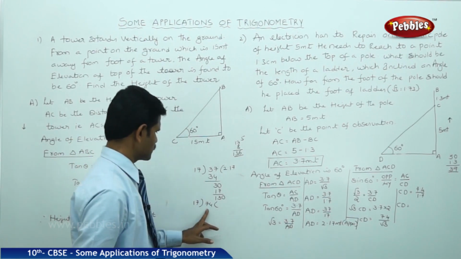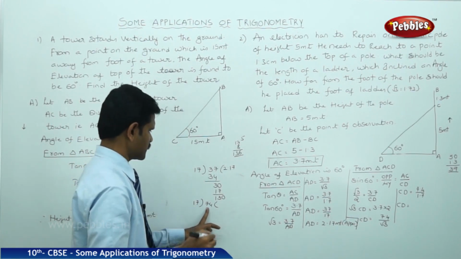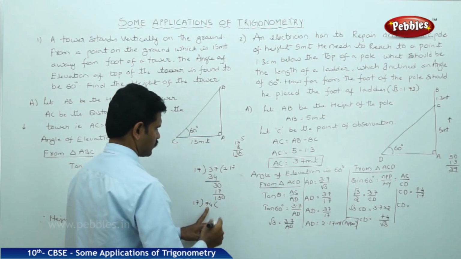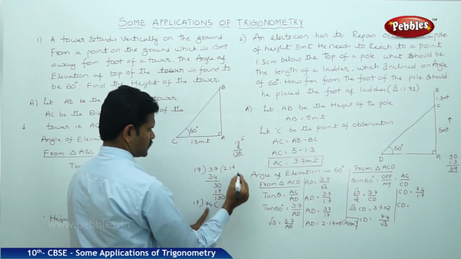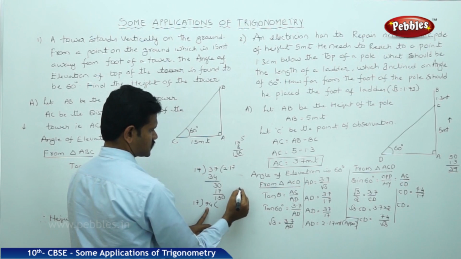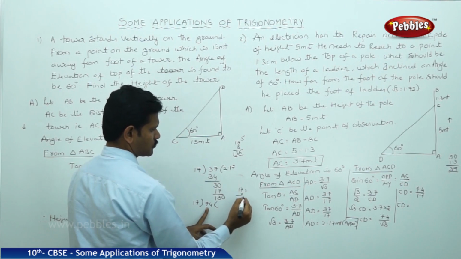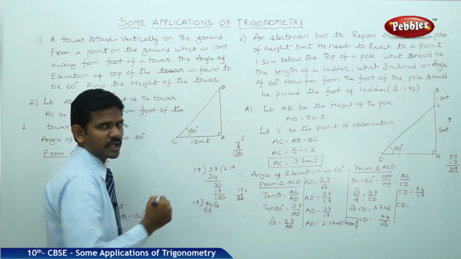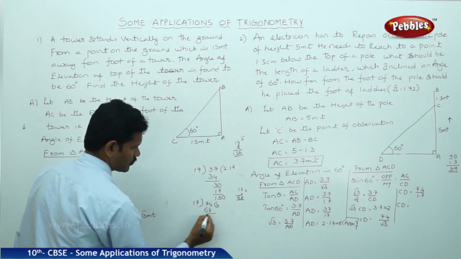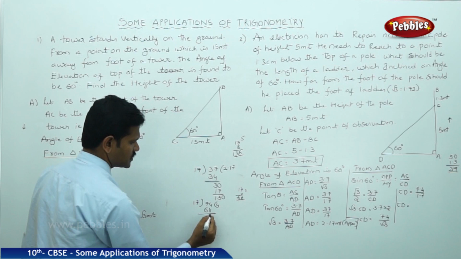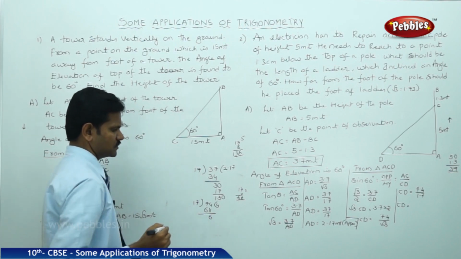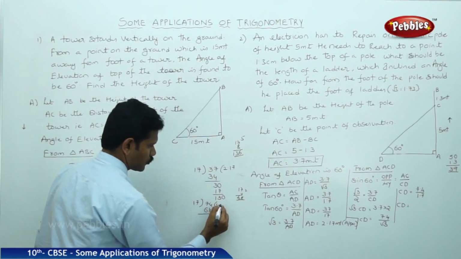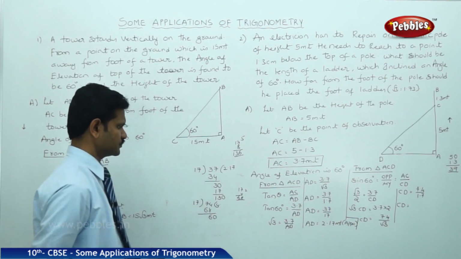Now that is 17 fives are 85. Okay, next, 17 fours are 68, that is 4 times. Now the remainder is 6.0.